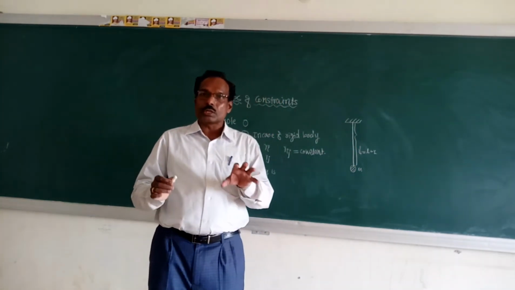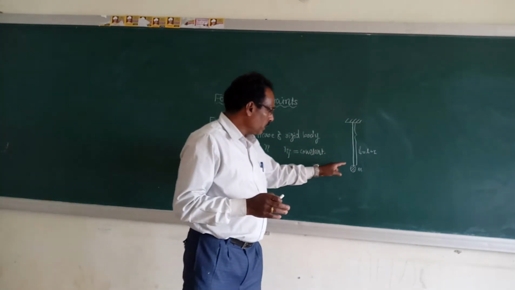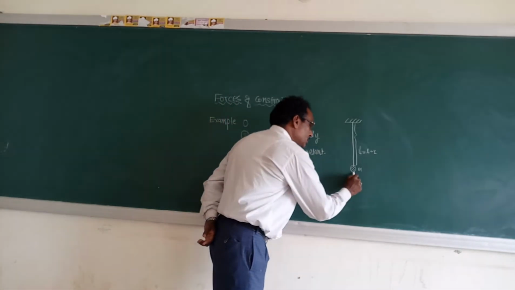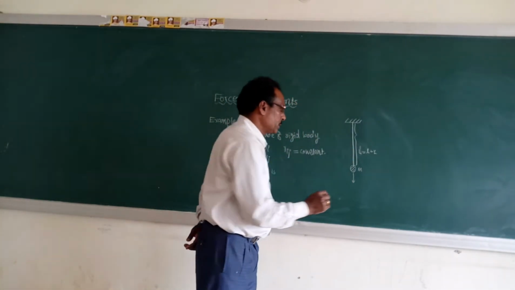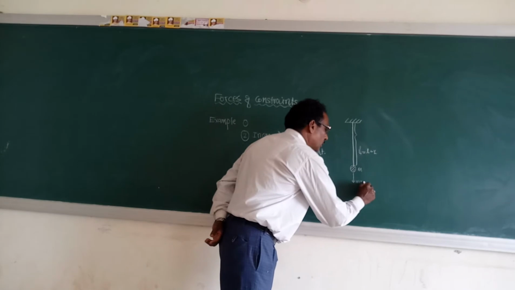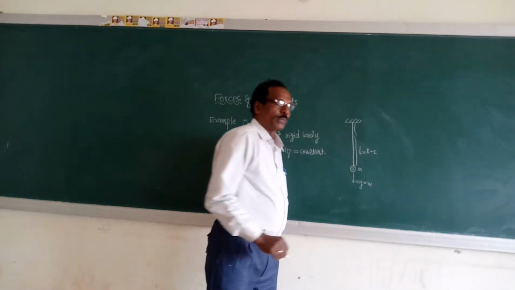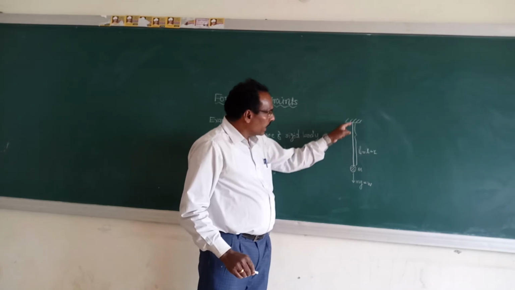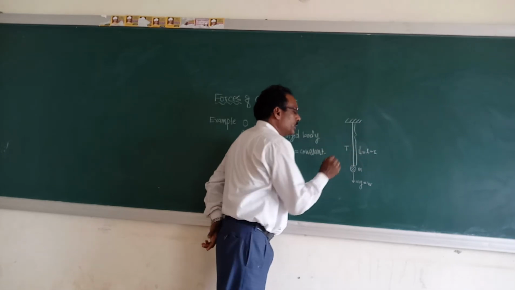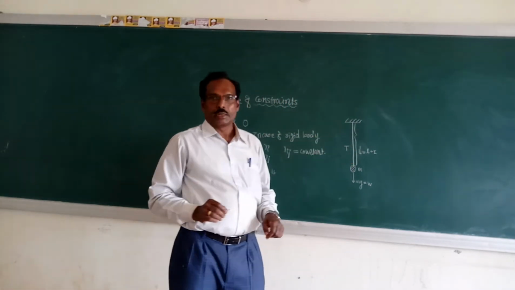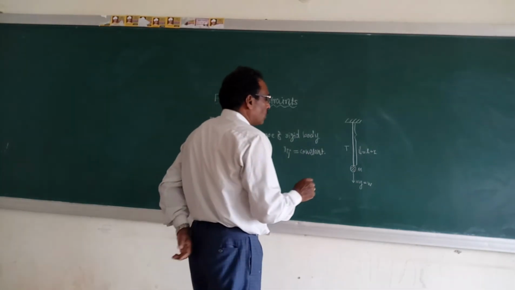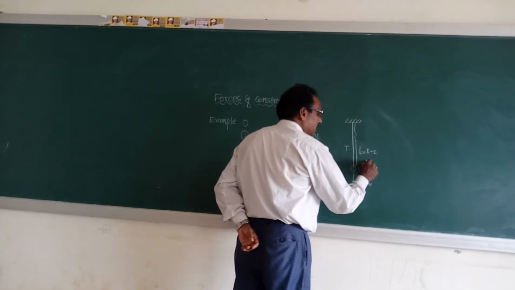The tension produced in the string is due to its weight, which is acting in a downward direction, that is m g, where g is the acceleration due to gravity. We call it the weight. Exactly, in the upward direction there exists a force, which we call the tension produced in the string. And here the tension produced in the string we call the force of constraint.